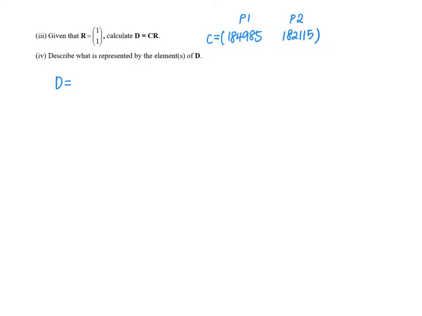When I take C times R, you'll be taking the total earnings in period 1 and multiplying it by 1 and 1. So I'm taking period 1 times 1 plus period 2 times 1. So actually it's asking for the total amount of earnings in the whole year. And let us find what's this answer.